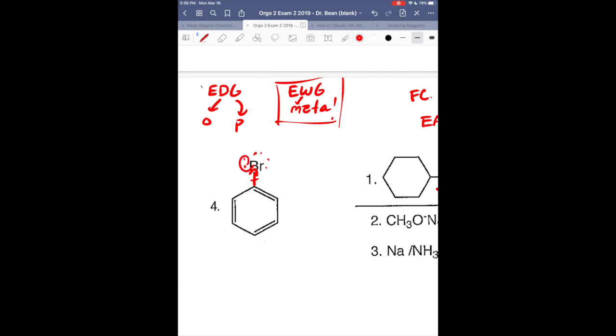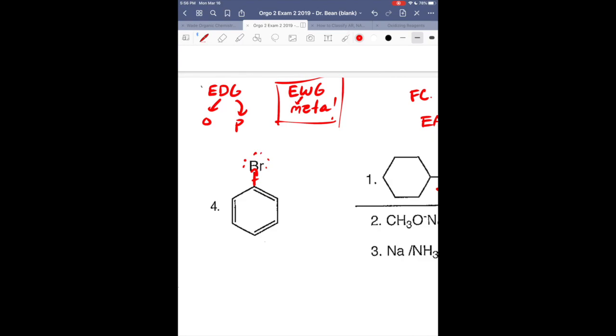However, they are the exception because they have the lone pairs on them, which can come into the ring and can direct to the ortho or the para positions. Okay, so resonance is the factor at play that is helping for this to direct ortho para, and you can look in the notes to see the resonance structures, and so on.